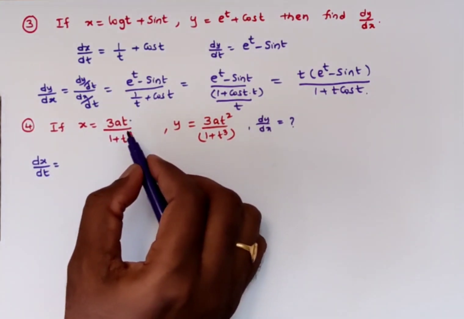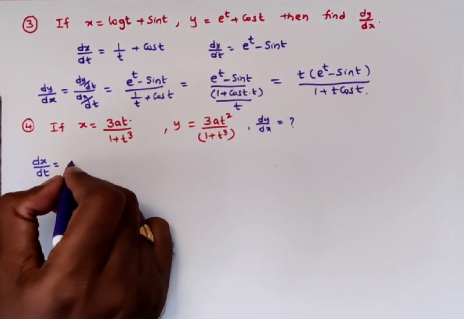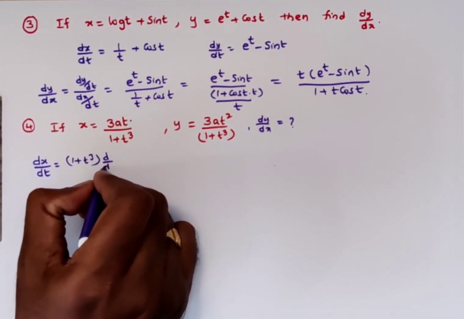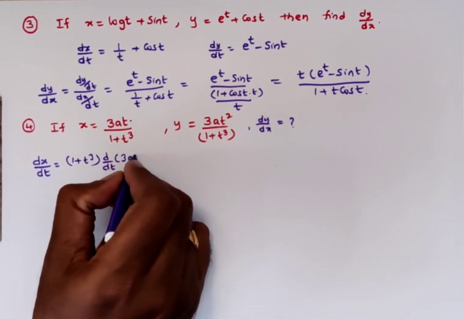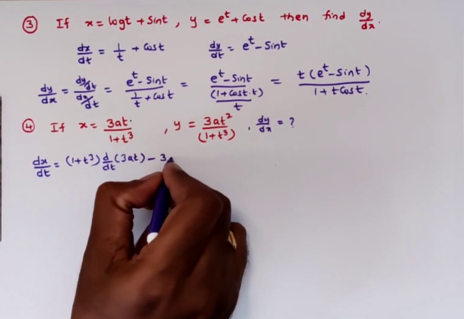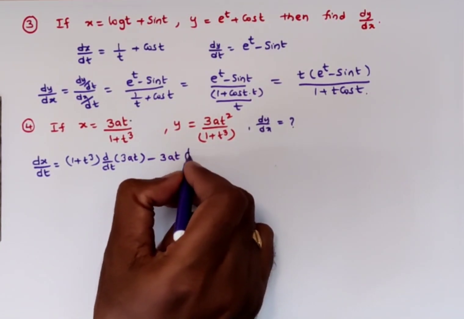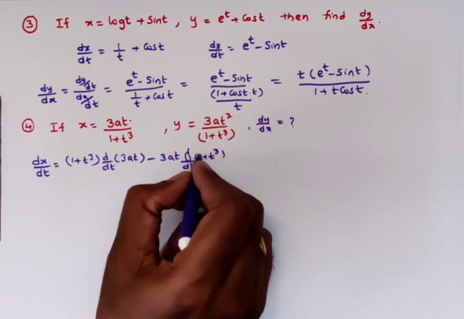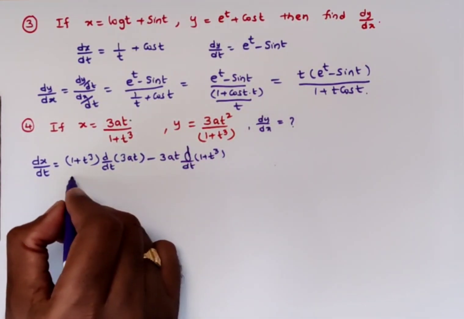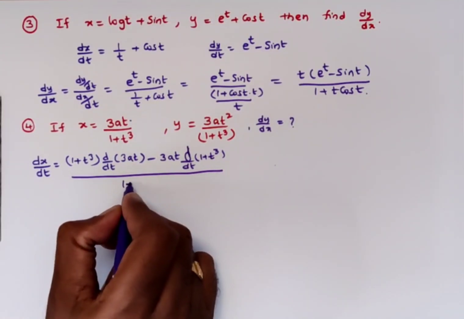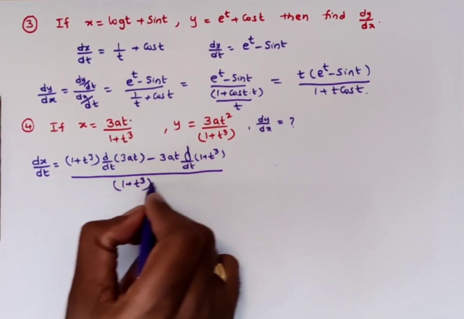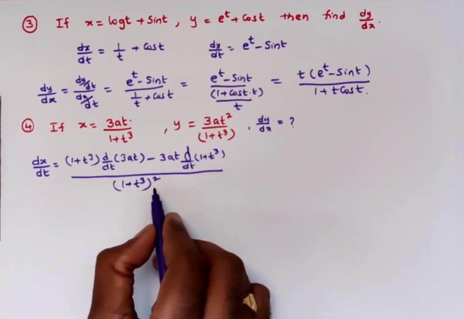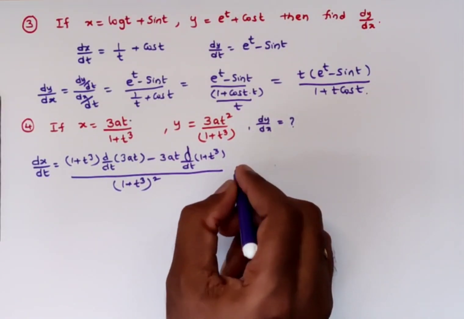U by v form: v into derivative of u, so it is 3at minus 3at into derivative of 1 plus t cube, whole divided by 1 plus t cube whole square, right? So it is v into derivative of u minus u into derivative of v divided by v square.